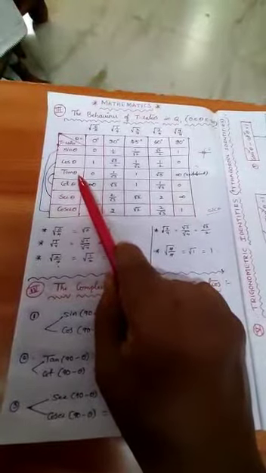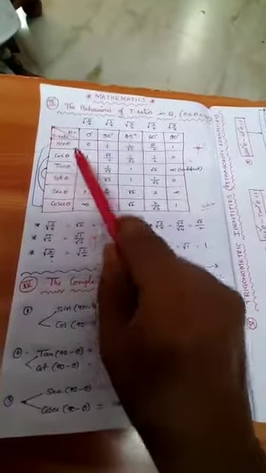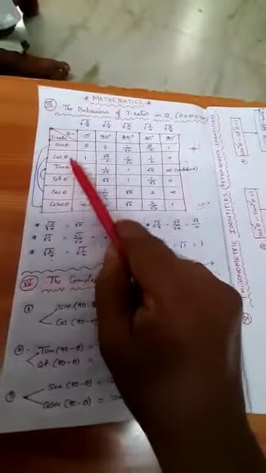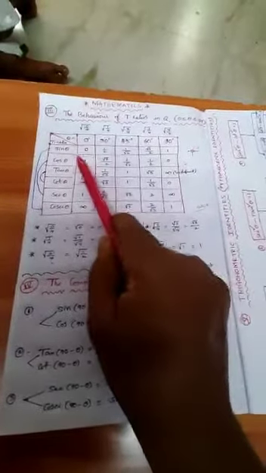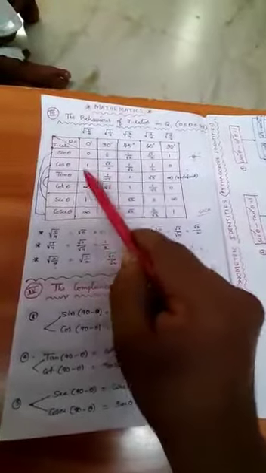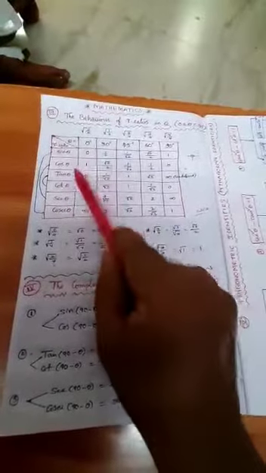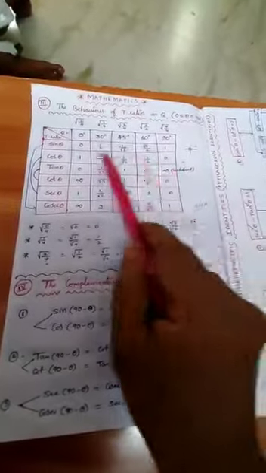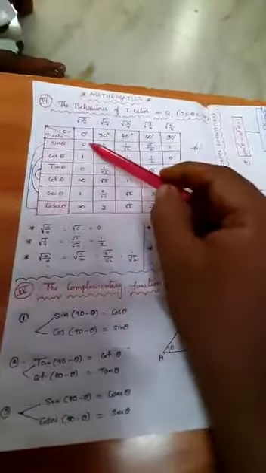Tan is the ratio between sine and cos: tan theta is equal to sine theta by cos theta. Now tan 0 means sine 0 by cos 0, that is 0 by 1, which is 0. Tan 30 is sine 30 by cos 30, tan 45 is this by this, like that; they are all fractions. Now you can find the values directly.